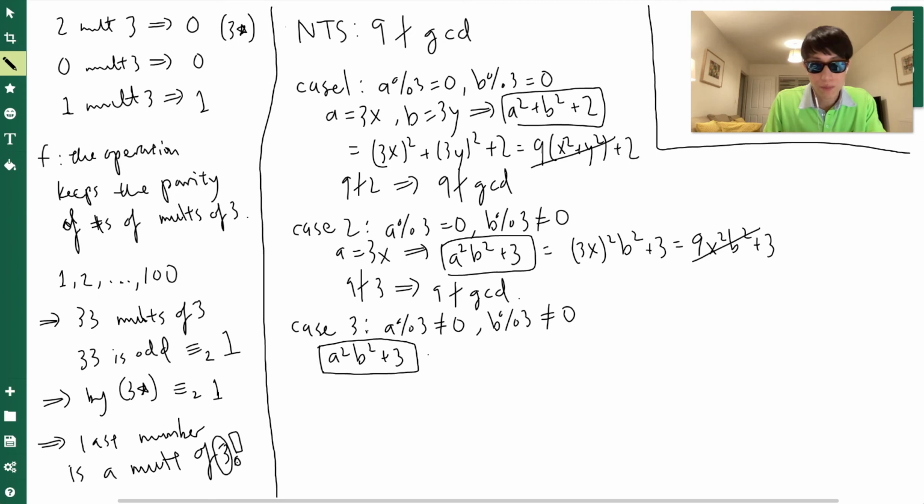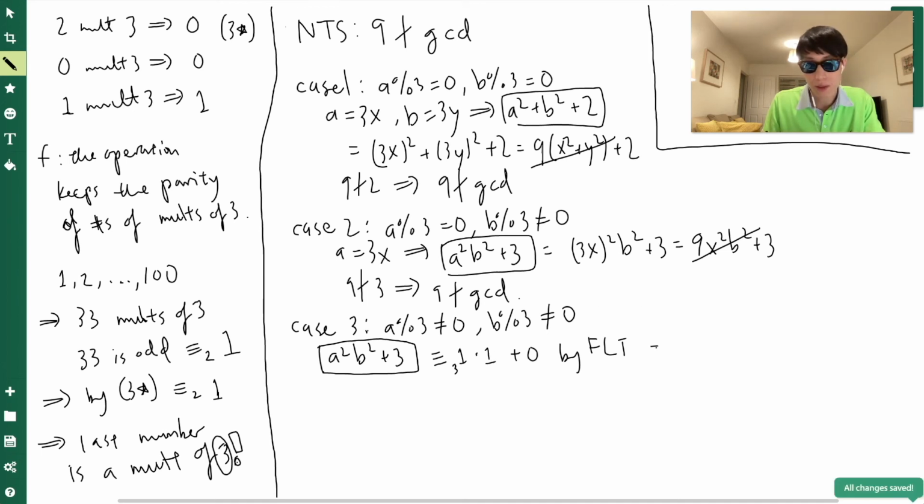If we look at this mod 3, of course, this plus 3 turns into a plus 0. But since both a and b are not multiples of 3 here, by Fermat's little theorem, we know that this is basically just going to be 1 times 1.